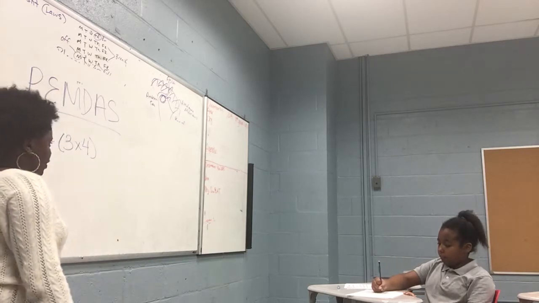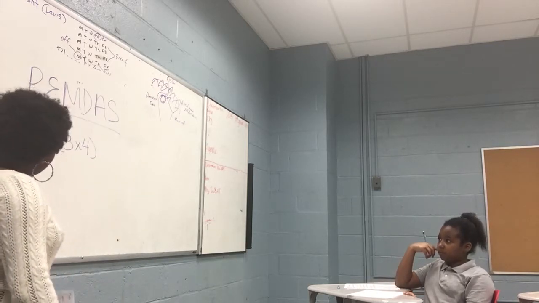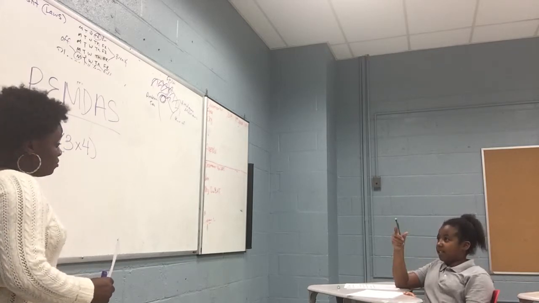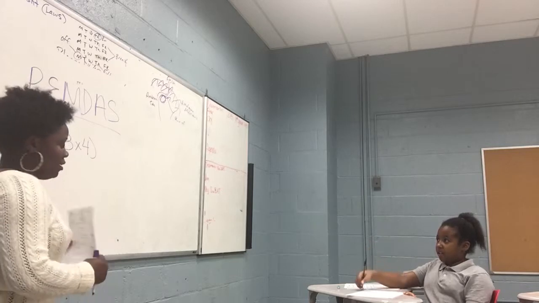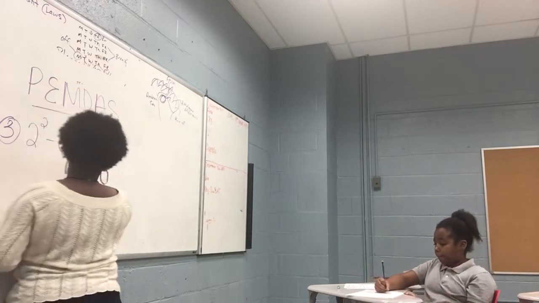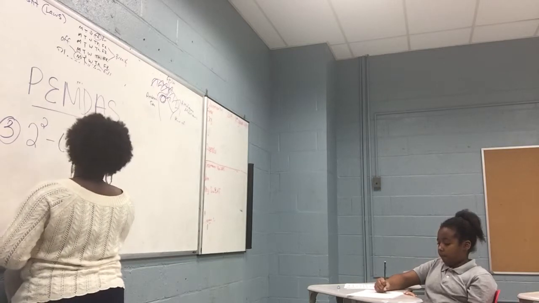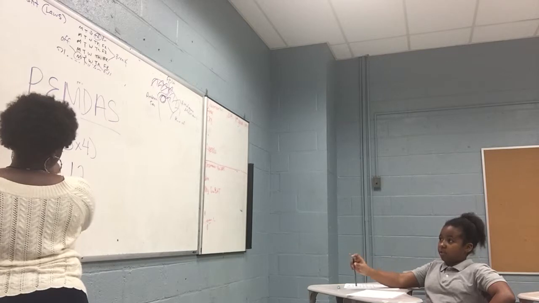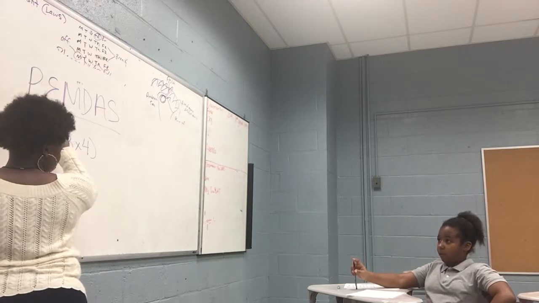What would you do first? I will multiply 3 and 4, and you will get 12. Right. Then the next thing is exponents, and 2 squared is 4. Exactly.